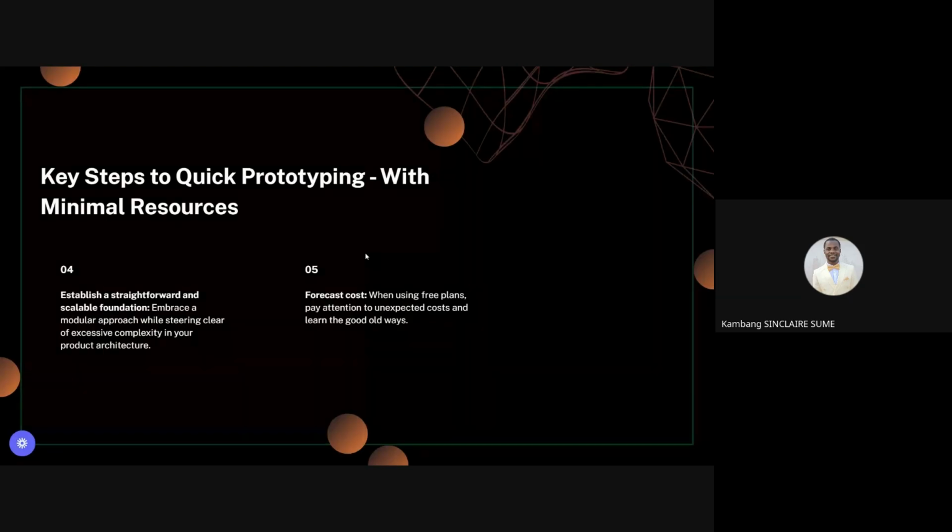When you are considering developing your MVP with coding tools, establishing a straightforward and scalable foundation is very, very important. I cannot overemphasize this. Why? Because first, let's take one side.